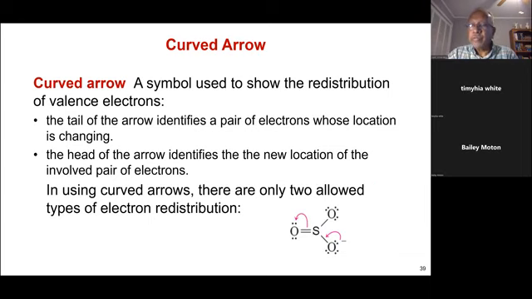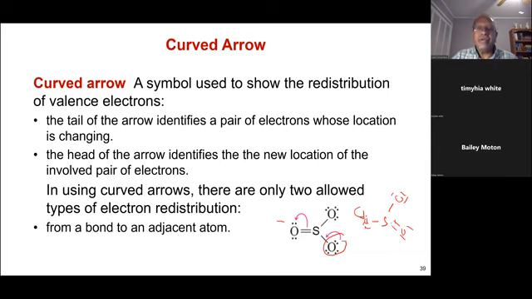If you want to move this electron pair down here, you move the electron pair with the curved arrow and you get a negative charge here, and the negative charge is here.